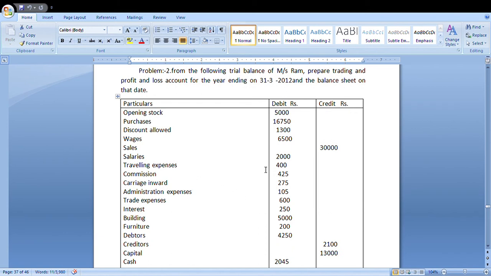Traveling expenses enter the profit and loss account. Commission enters the profit and loss account. Carriage inward enters the trading account. Administration expenses enter the profit and loss account. Trade expenses enter the profit and loss account. Interest enters the profit and loss account.